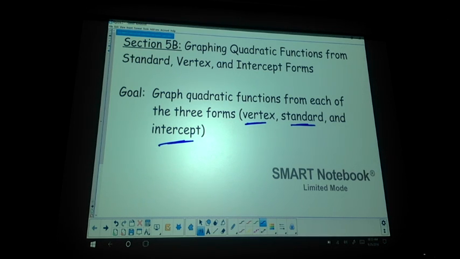So I think that's really why standard form came into existence. And then intercept form tells you just where it crosses the x-axis, and it's usually the factored form. Vertex form gets to the vertex for you pretty easily, and so on and so forth. But we'll learn more about these in a little bit.